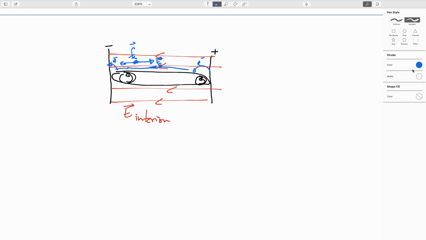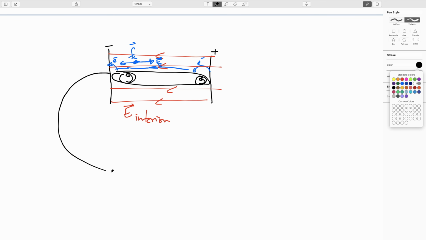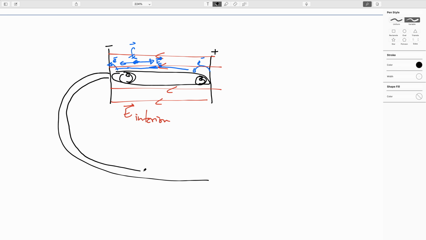Well, one way we could do that is we could hook up some sort of a load. It could be just as simple as a short circuit, which you should never do in practice. So we're going to imagine that this is some resistive wire, and this is purely for safety reasons.